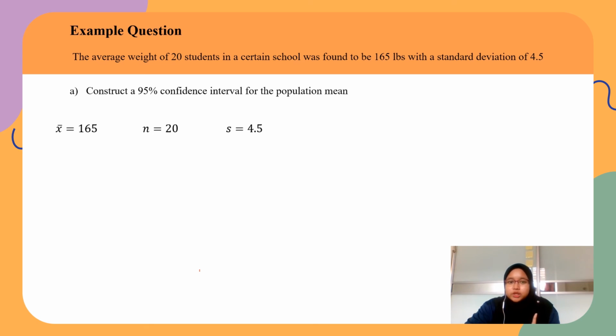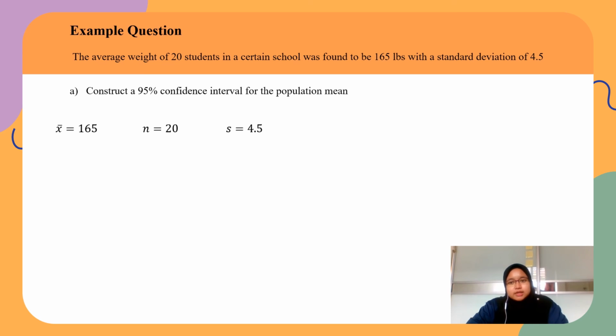Now, when you have a question like this on a test, you need to determine if you need to use a normal distribution or a student's t-distribution to solve it. When you know the population standard deviation, typically you want to use the normal distribution. But we don't have the population standard deviation.